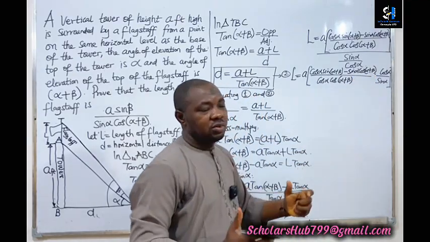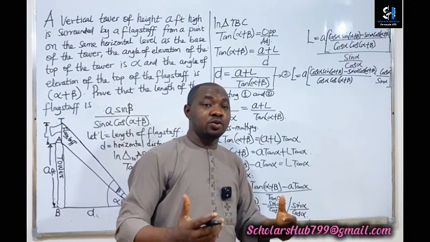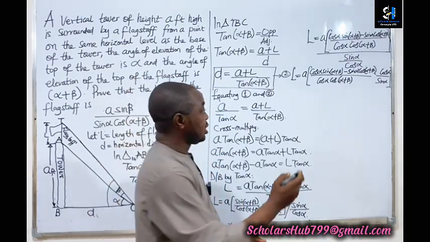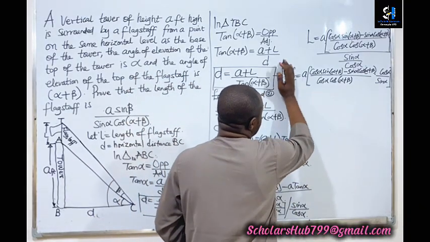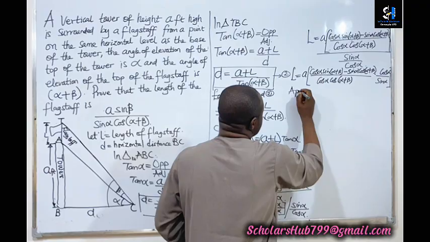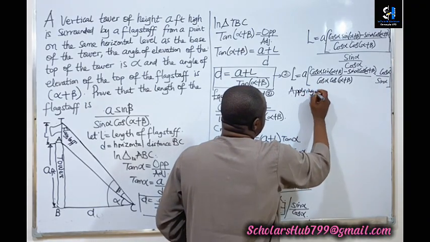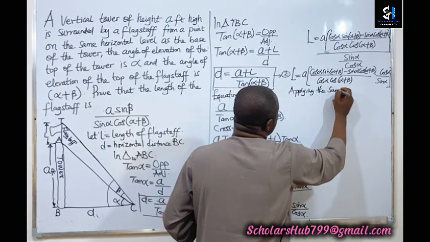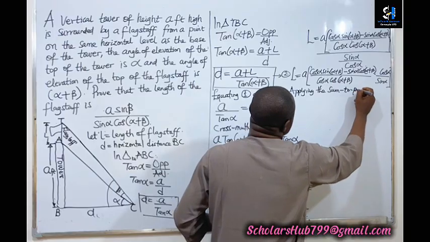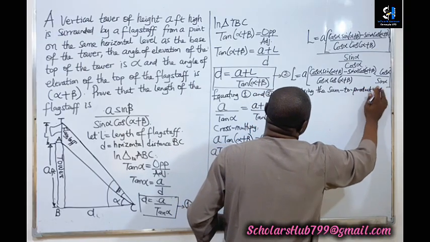If you look at cos alpha sine alpha plus beta minus sine alpha cos alpha plus beta, this is the same thing as when we consider the sum to product identity for sine.